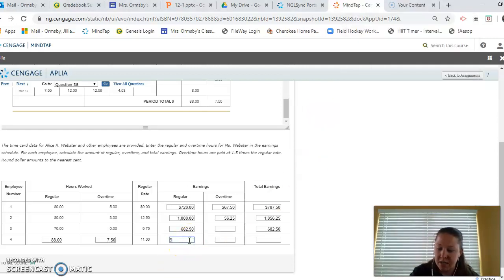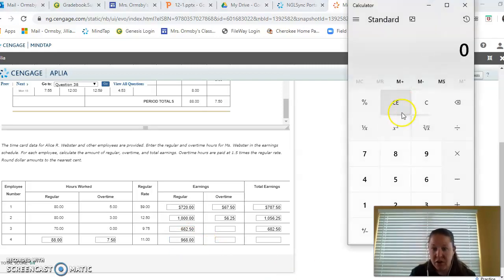So $968. Then for overtime, we have to figure out the overtime rate first. So 11 times 1.5 makes $16.50 an hour overtime. And we're going to multiply that by the overtime hours, which is 7.50. So it gives us $123.75.